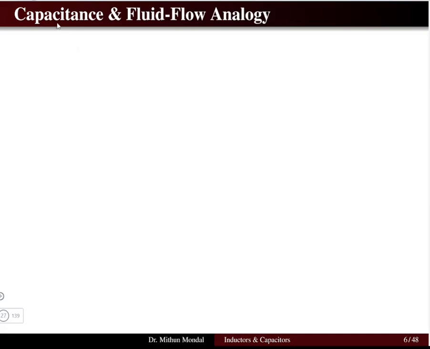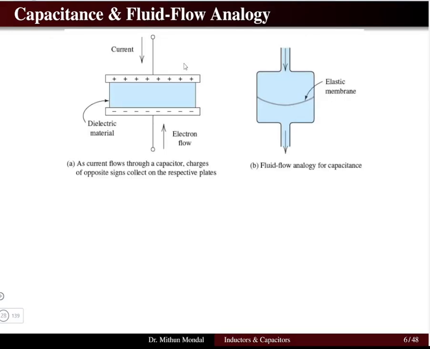Now, in order to understand capacitance, we will take the fluid flow analogy to understand what is going on. What is the phenomenon of capacitance? In a capacitor, you have two conducting plates, 1 and 2, separated by a dielectric material.